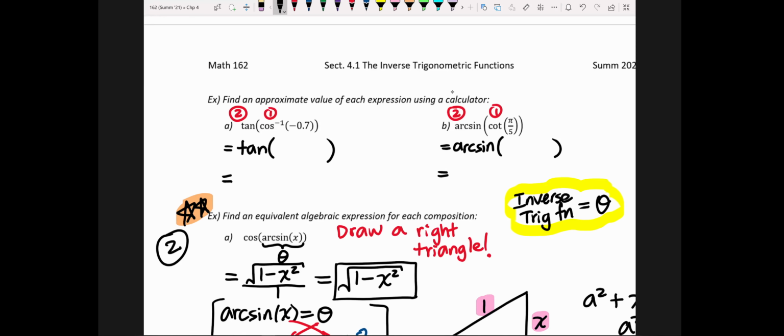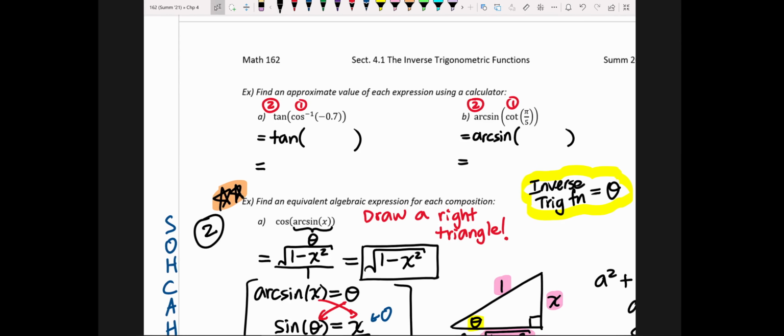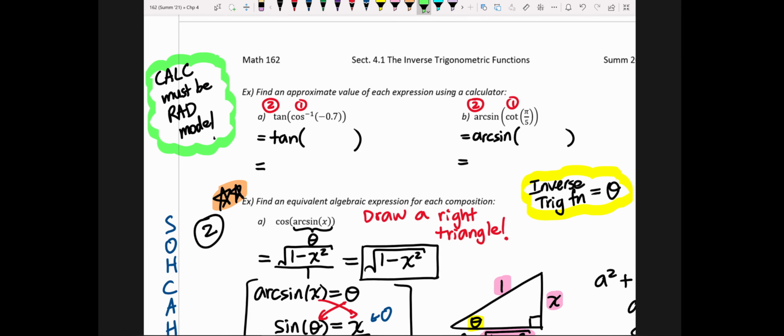Okay, so Esmeralda, start us off by telling us what are you getting for part A? And reminder that since your inputs do not have degree symbols, your calculator must be in radian mode. So you may think, oh, my calculator's already in radian mode. That may be true, but when you're working on a quiz or exam, you'll be going back and forth. So you want to check for each problem.